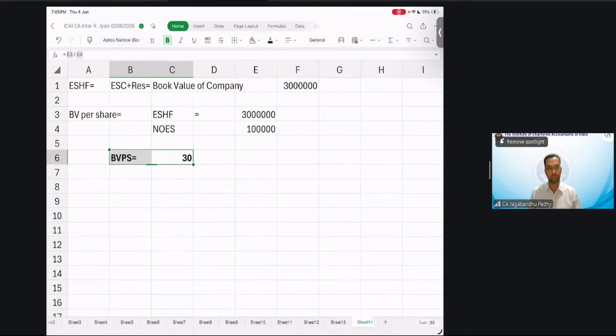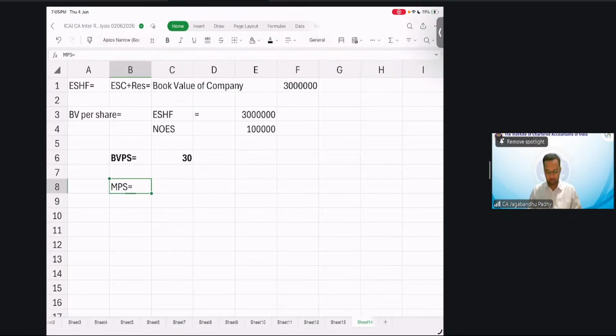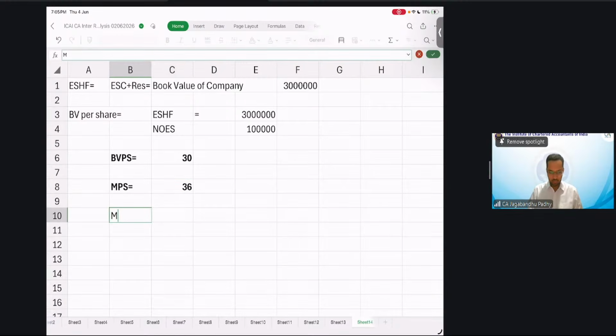So book value per share is 30, and let's say the market price per share is 36. So in our books, the value of the company is 30, whereas the share price in the market is 36, right?